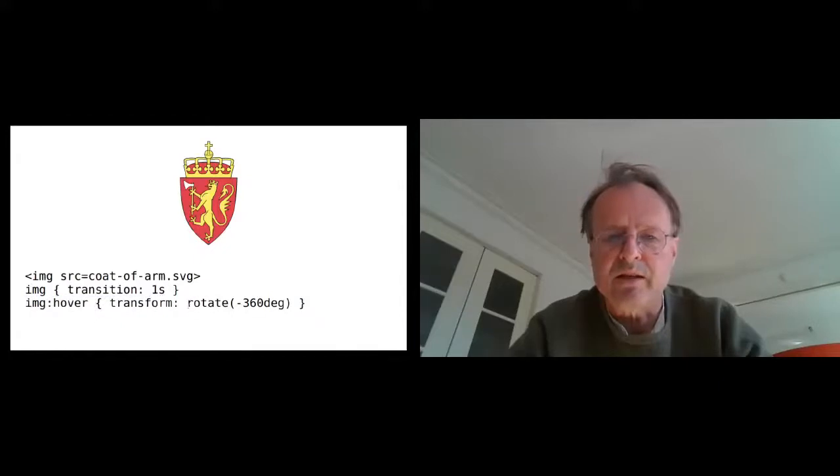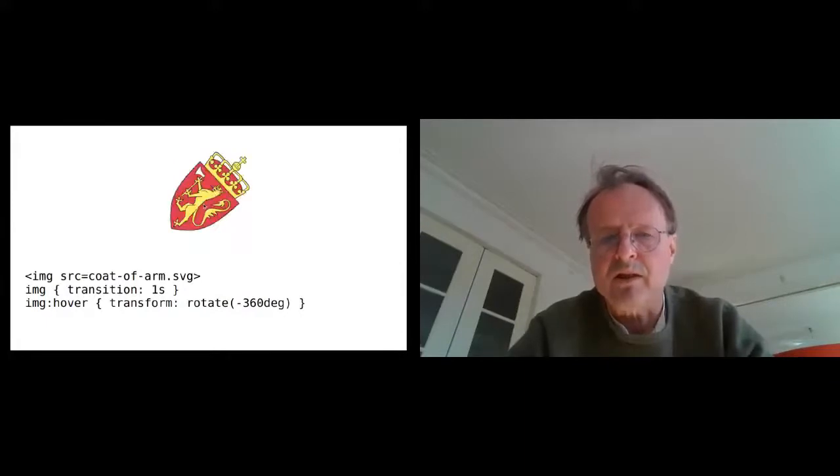You should do something, and it should rotate minus 360 degrees. This is fairly readable. It's human readable code. So I think most of you will guess what happens when I hover over that image.